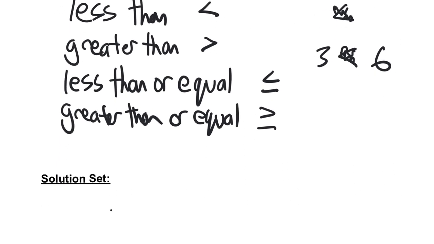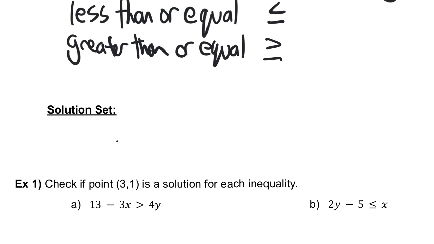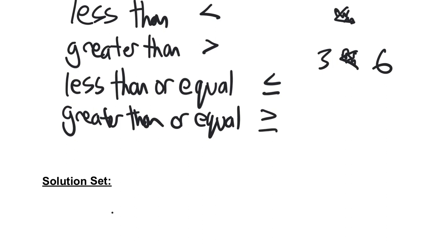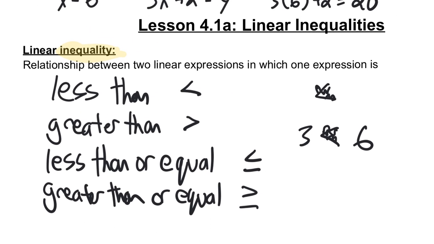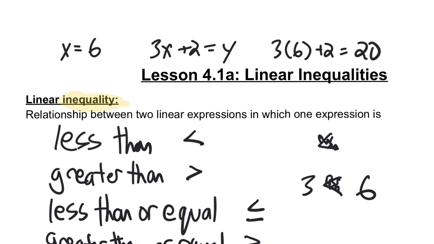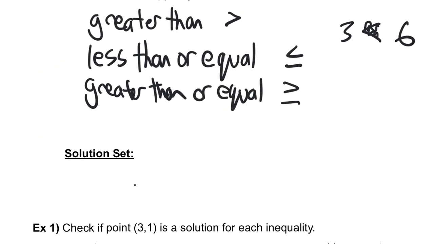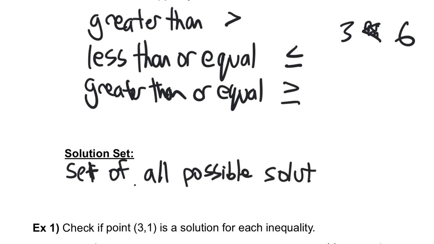So if we continue on, we have a solution set. We already talked about how with equations, we have one possible solution. With an inequality, we could have multiple possible solutions, technically probably infinite possible solutions. So a solution set is the set of all possible solutions.